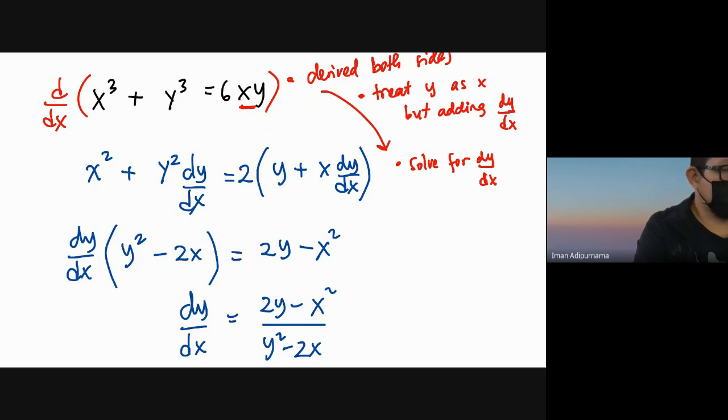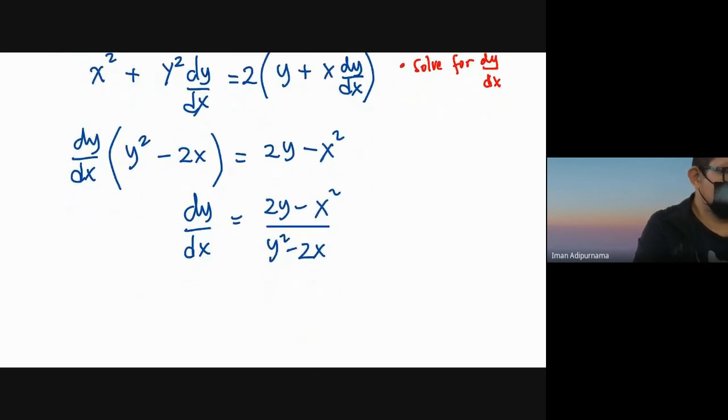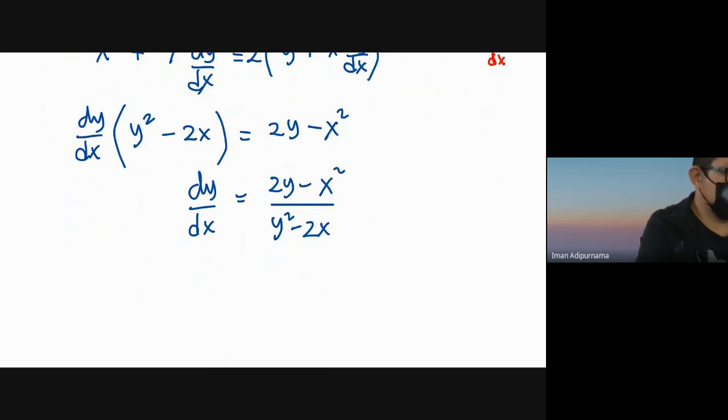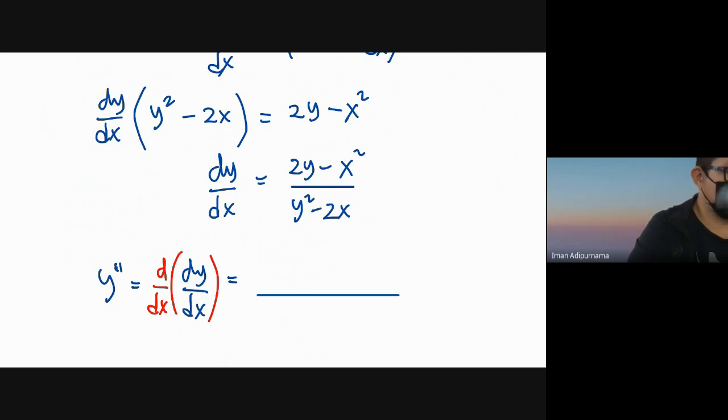If the question is asking for the second derivative, so y double prime, then you need to derive one more time from the dy over dx. So dy over dx, you derive one more time, d dx. And I think you can directly go to the quotient rule.